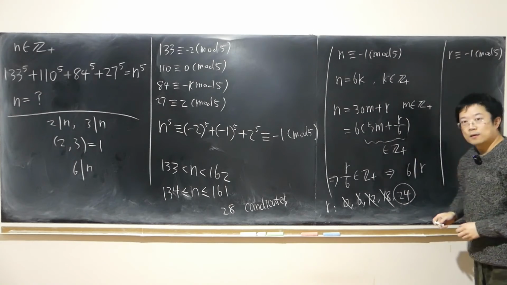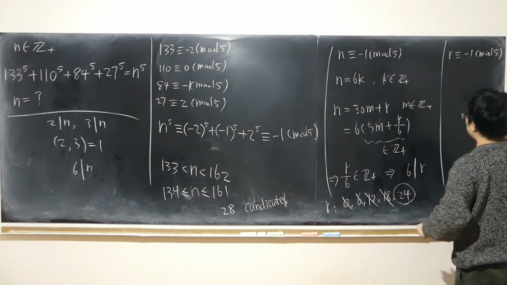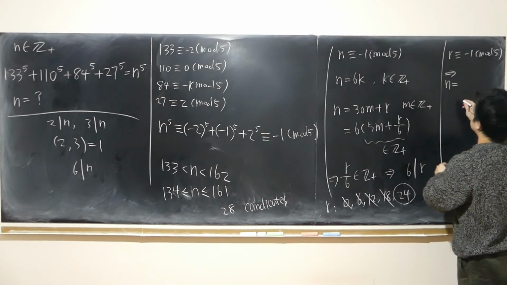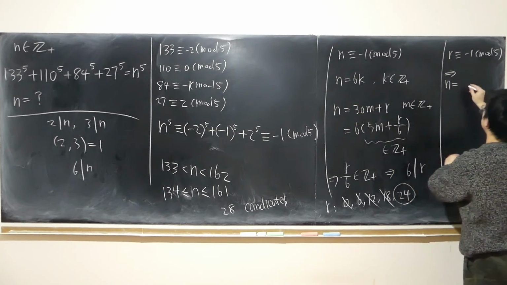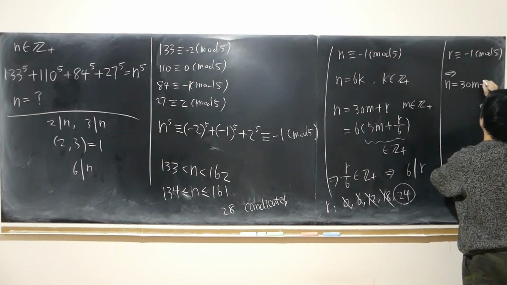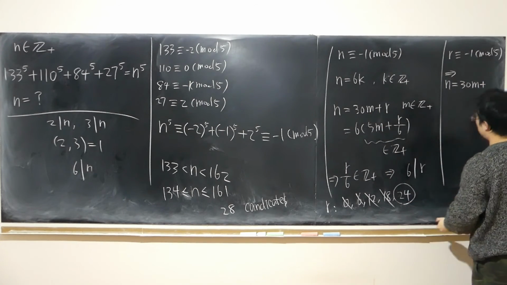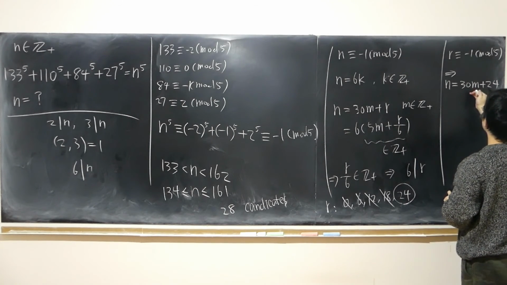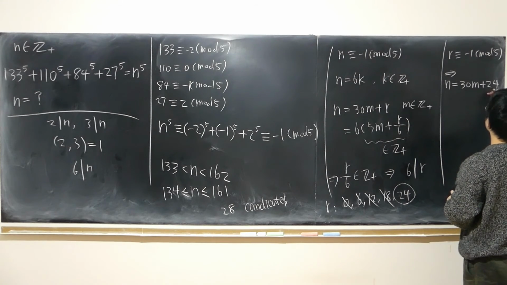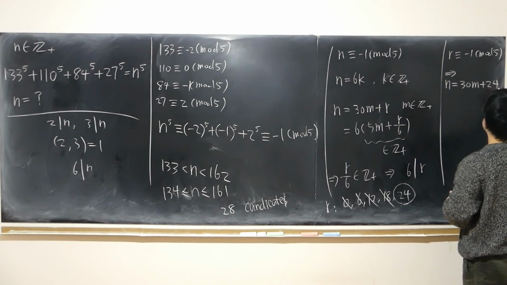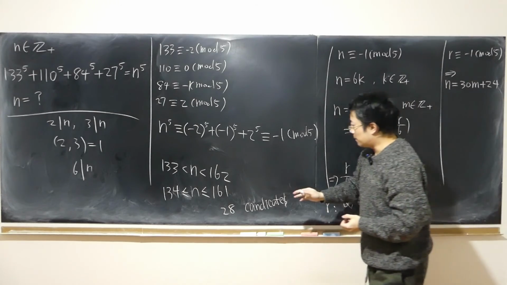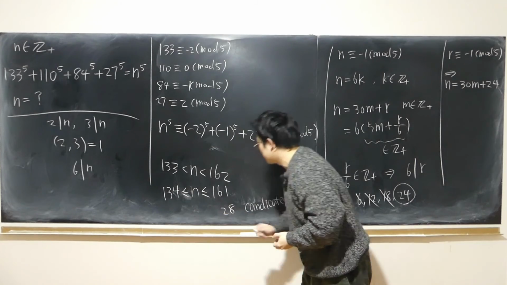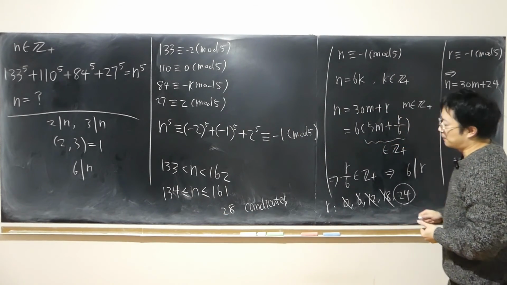So it turns out that the only form of n must be 30m plus 24, where m may be some positive integer. 24 is the remainder. So like I said, there are only 28 candidates, and the divisor is 30.